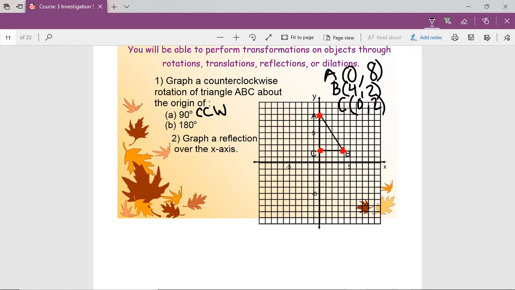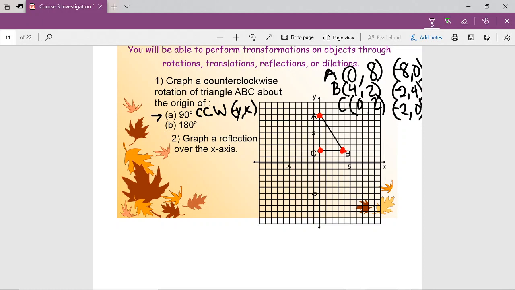If I want to do this 90-degree counterclockwise rotation, I need to change all of these so that I have them flopped, so y and x, and the first one is now its opposite. So I flop them here. I get 8, 0, and the first one's going to be negative. I flop the 4 and the 2, and the first one's going to become negative. I flop the 0 and the 2, and the first one's going to be negative.